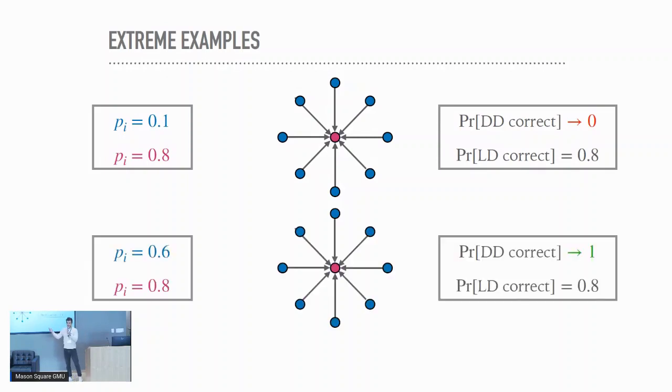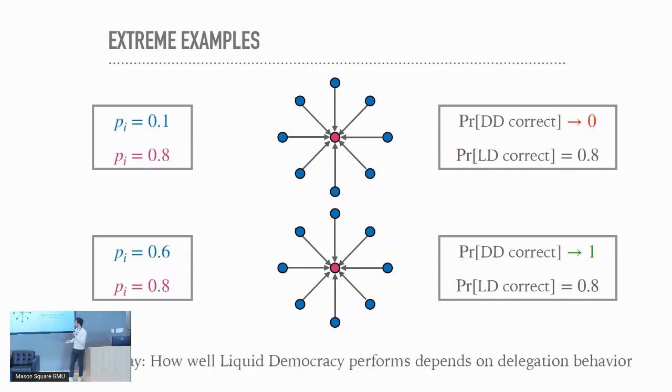Conversely, it can be a very similar looking situation, but now the outside people are getting it right with 60% probability. Now when you have lots of people, they're going to very frequently get the right answer. But if you do these delegations, you're only getting it right 8% of the time. So maybe not quite as good. The key takeaway is that how well liquid democracy performs really depends on these delegation behaviors, really depends on the context.